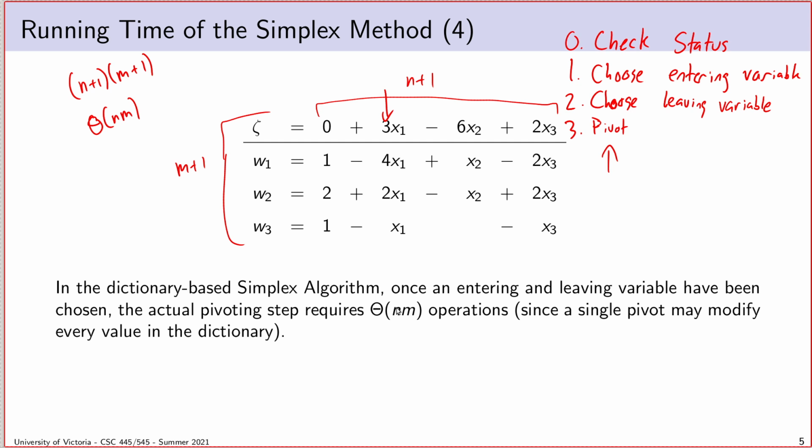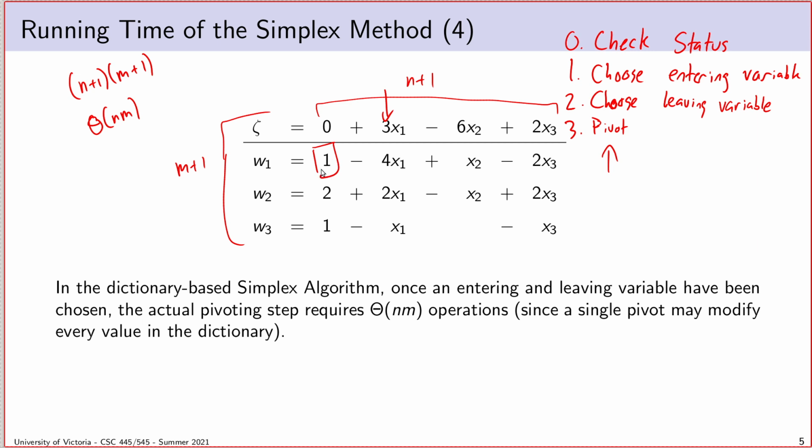It's true that I might not modify each value only once. While performing the pivot, I could modify each individual element of the table several times as I perform these row operations. On the other hand, I don't think that would occur n times; it would occur some constant number of times. So I think it's reasonable to claim that each pivoting step requires n times m operations.